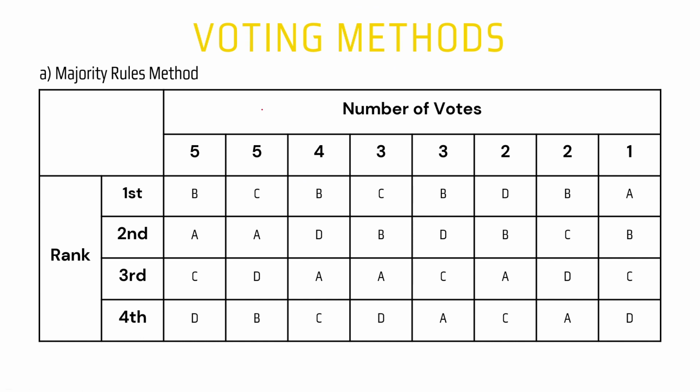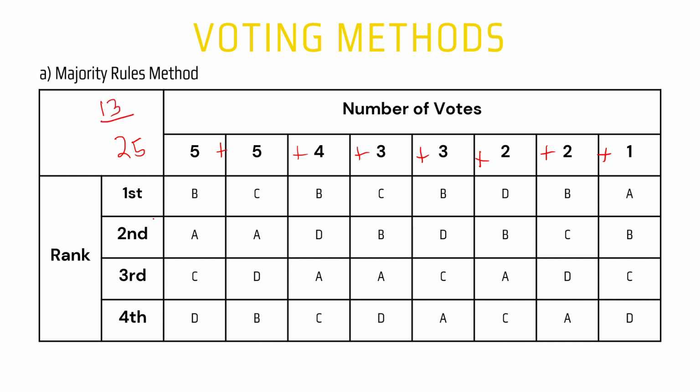The total number of votes here is 5 plus 5 plus 4 plus 3 plus 3 plus 2 plus 2 plus 1, and that is 25. So the majority here is 25 divided by 2, which is 12.5. So the majority is 13.